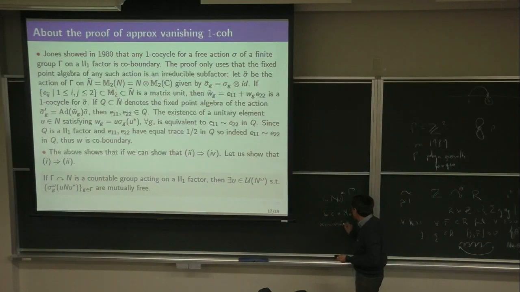You can take any kind of element, but let's take it semicircular, and then you take sigma G omega of B, and you sum this up over a Følner set. And you divide by the size of the Følner set, well, actually to 1 over 2.